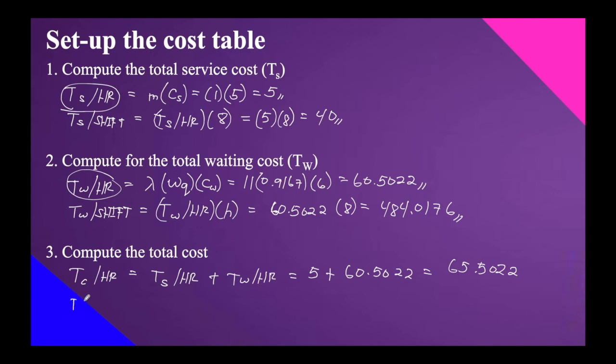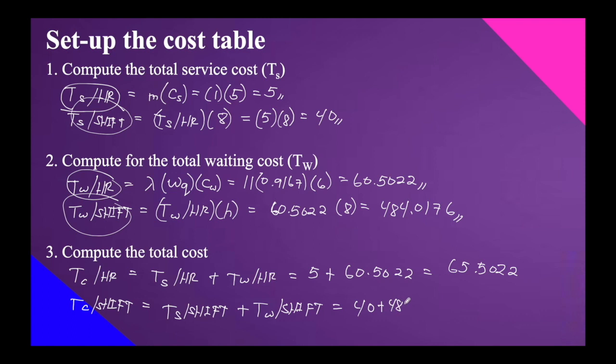And for the total cost per shift naman natin, tulad ng ginawa natin doon sa per hour, that will be total service cost per shift. And of course, i-add natin ito dito sa ating total waiting cost per shift. Okay, and their values are 40 and 484.0176.